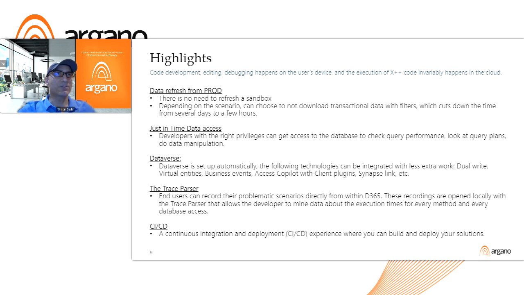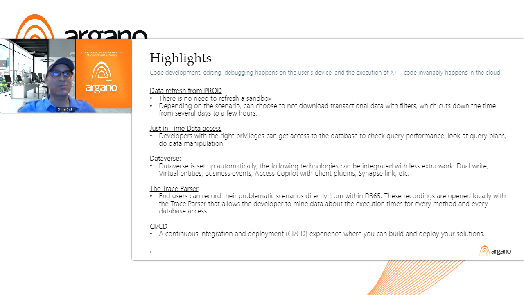All right, moving on to some of the highlights that I mentioned, a little bit more specific, a little bit more objectively mentioned here. So essentially, from a data refresh from the production, since the UDE is considered a tier 2 lookalike, the data can easily be retrieved once you connect your UDE to that particular online environment.